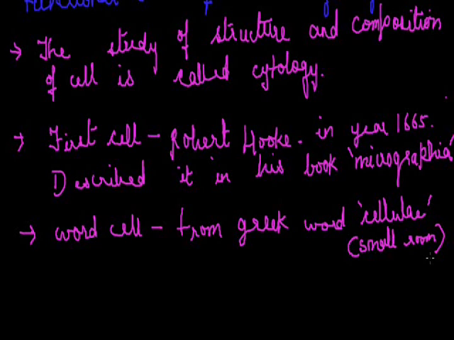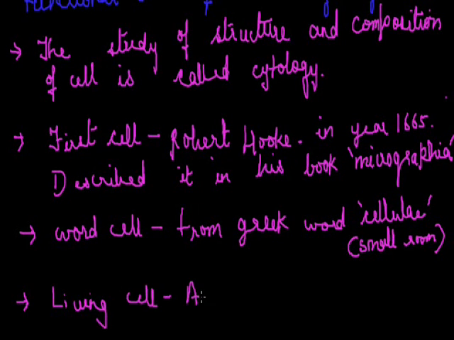So we can say all living organisms are composed of various small compartments which are called cellulae, and the word cell is derived from it. The cell which Robert Hooke observed was a dead cell. The first living cell was observed by A.V. Leeuwenhoek.